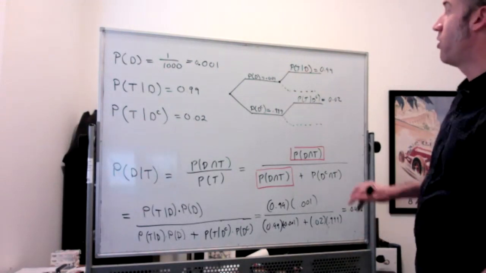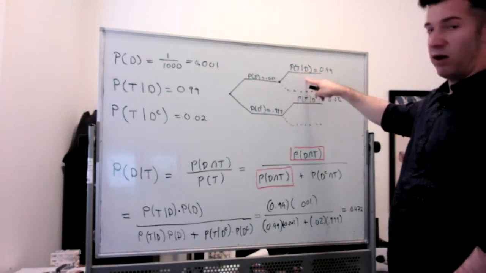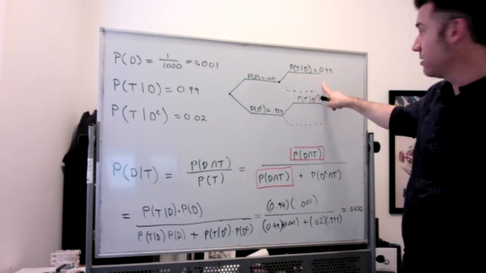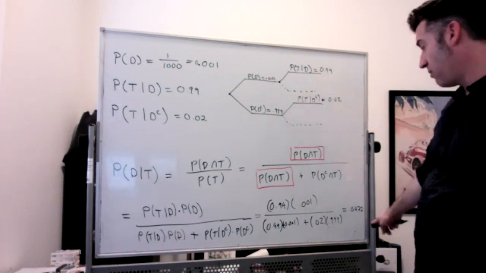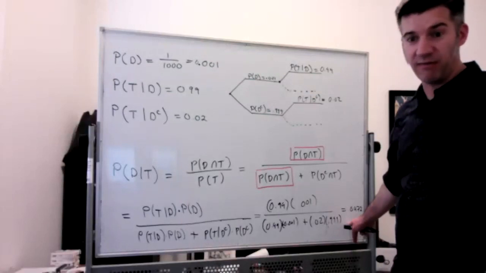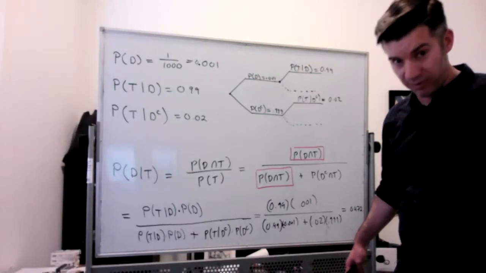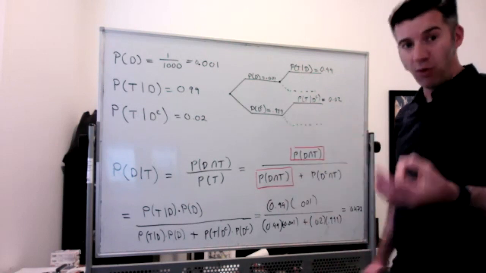So although there's a probability of a positive test given that you have the disease of 99%, if you have a positive test, the probability that you actually have the disease is less than 5%. Very big difference in those probabilities. So it's very important, right?